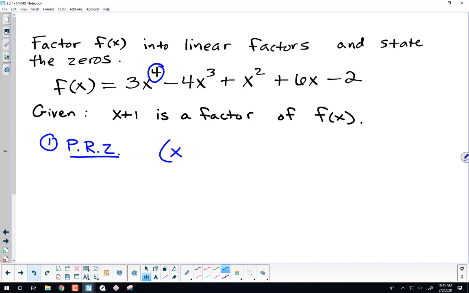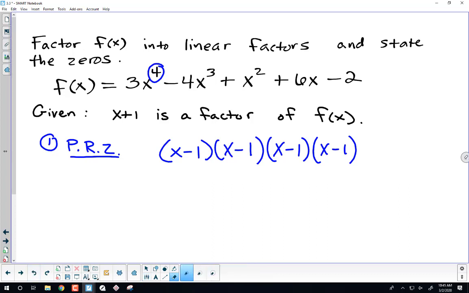There's nothing telling us that this couldn't factor with repetition all the way through, and again, we're not worried about that. All we're going to focus on is the process of finding a factor, synthetic division, finding another factor, synthetic division, and all of that will come out in the end. We're not even worried about whether things repeat or not at this point.